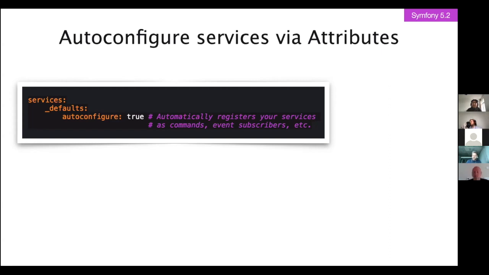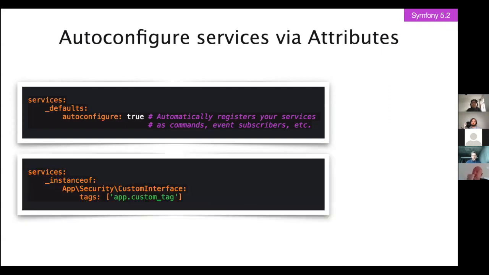So the Symfony service container will see that you implement, for example, the EventSubscriberInterface, and will then automatically tag your event listener with the specific tag. And the Symfony event dispatcher will then know your listener. You can also do this for your custom services in your application with the instanceof option, where you just define the interface and then add a tag there.